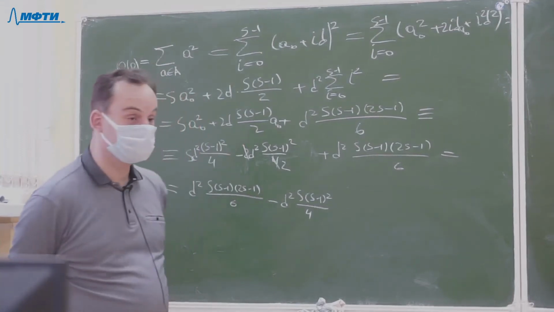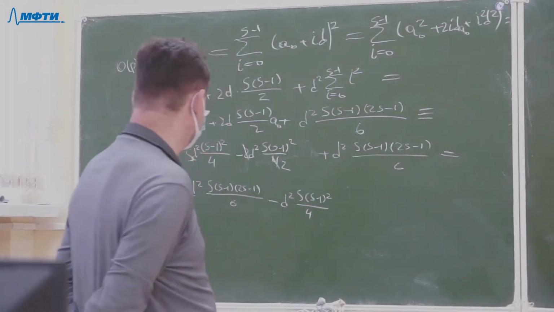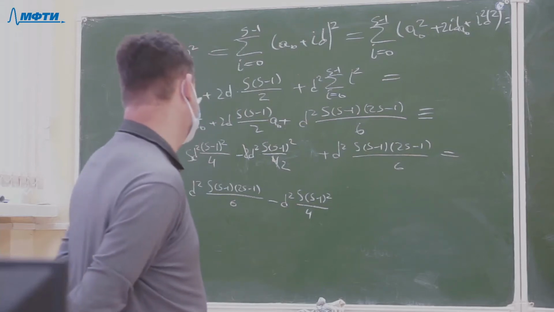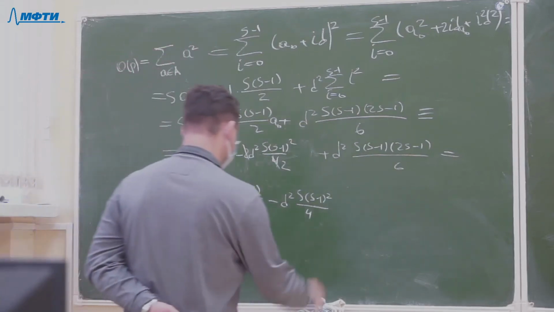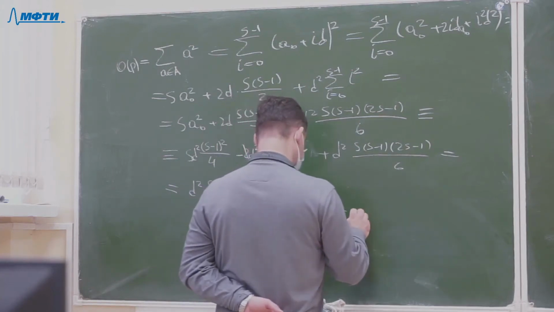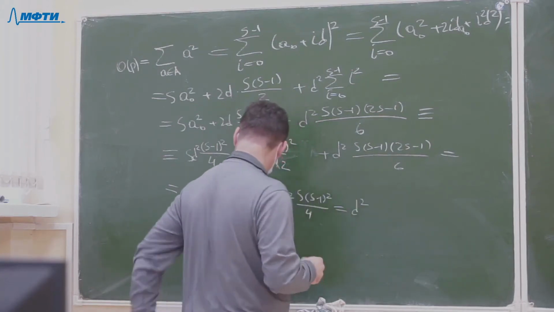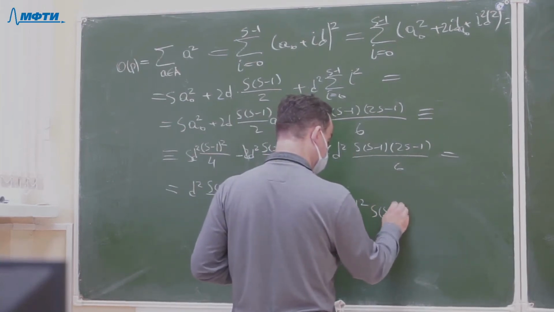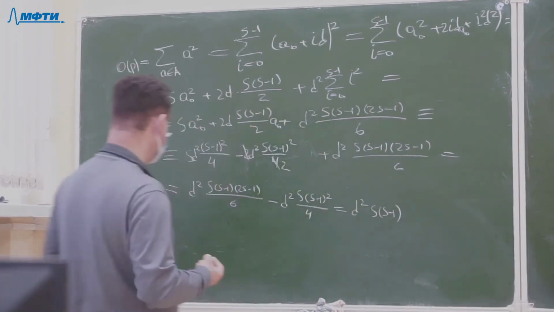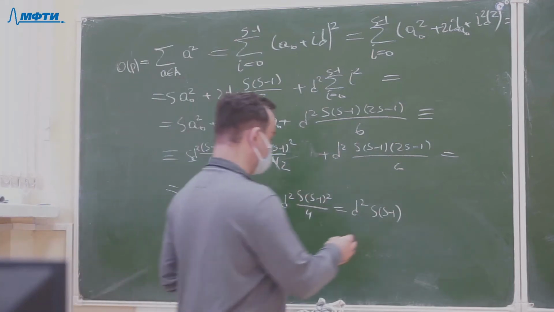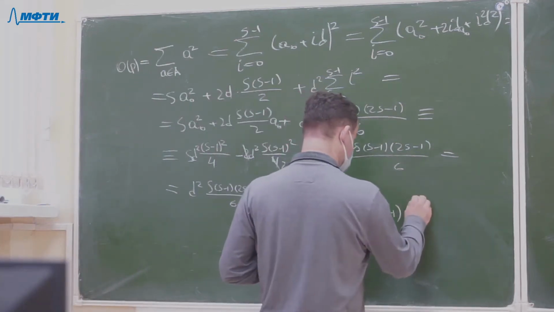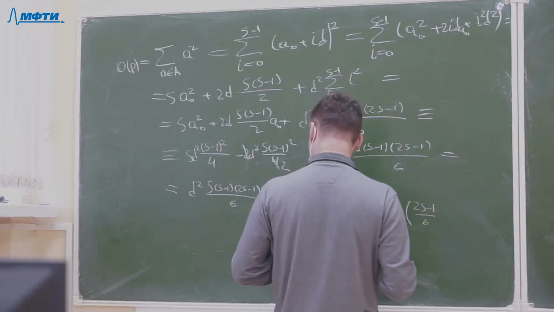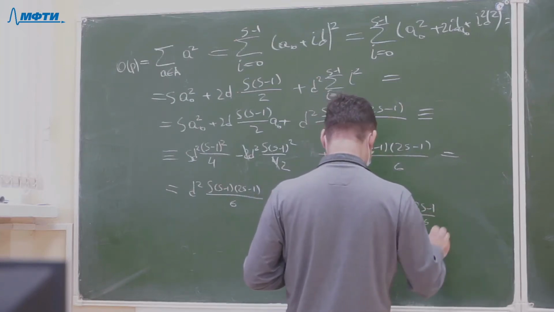Is it correct? Well, what is this? This is d square by S minus 1 by double S minus 1 by 6 minus S minus 1 by 4.